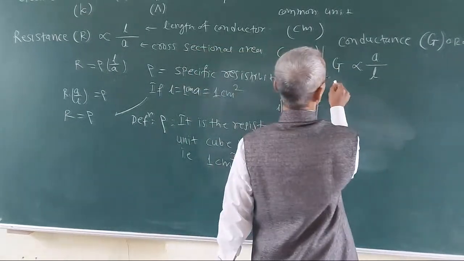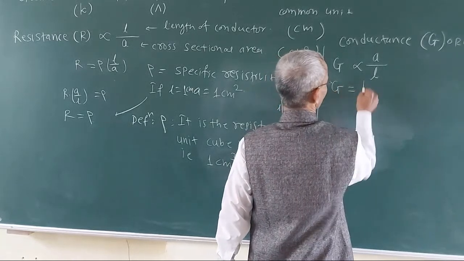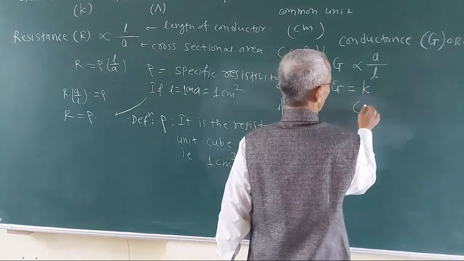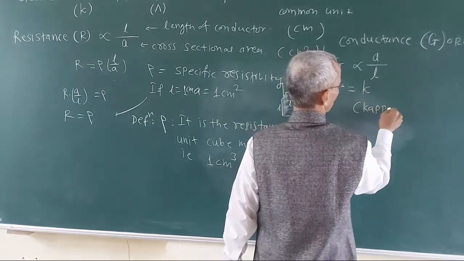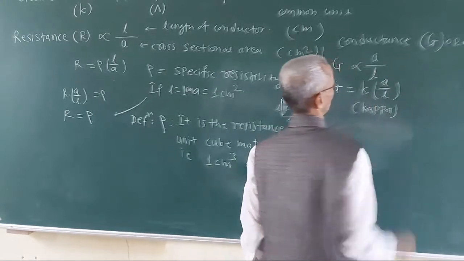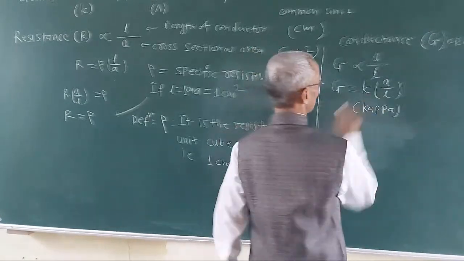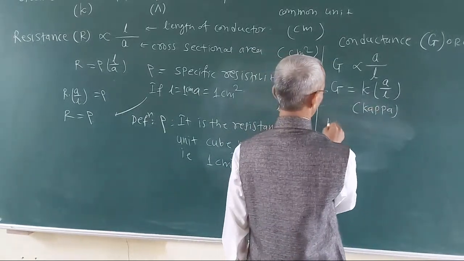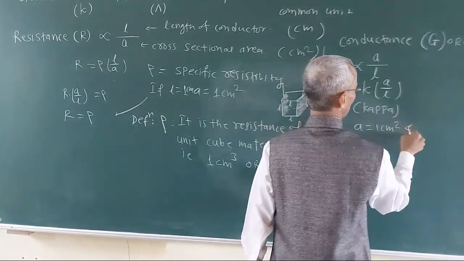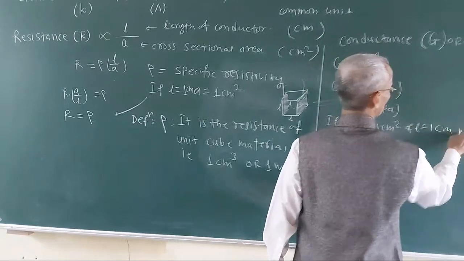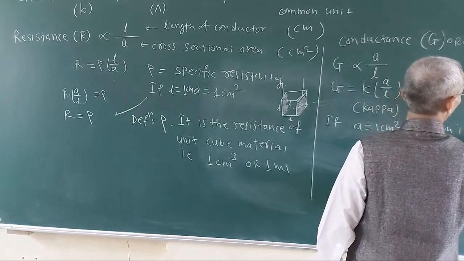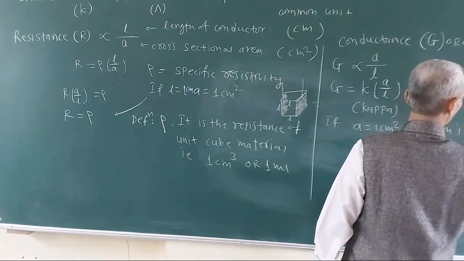Okay. Now this can be further equalized by taking a proportionality constant called kappa, G equals kappa times A upon L. Here, A is equal to 1 centimeter square and L is equal to 1 centimeter. That is the volume is 1 by 1 by 1, 1 centimeter cube, that is 1 ml.